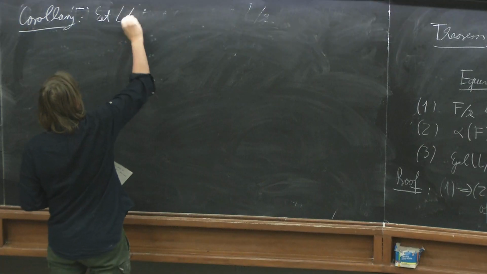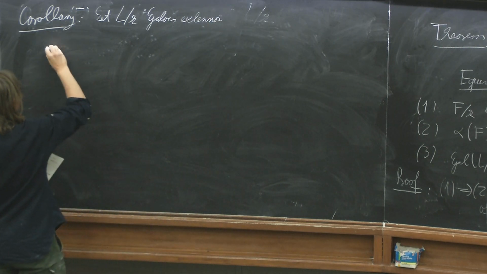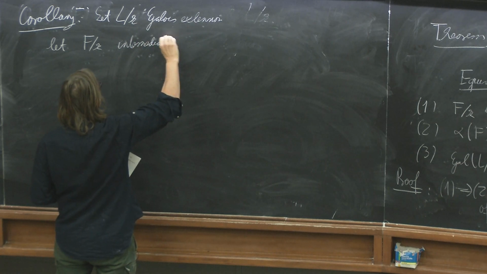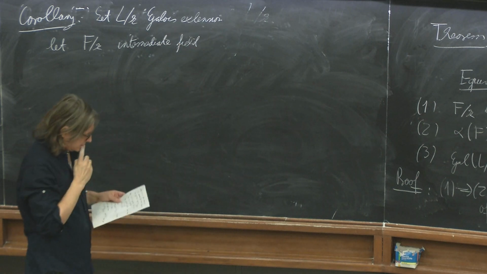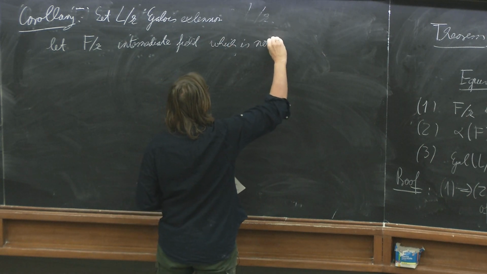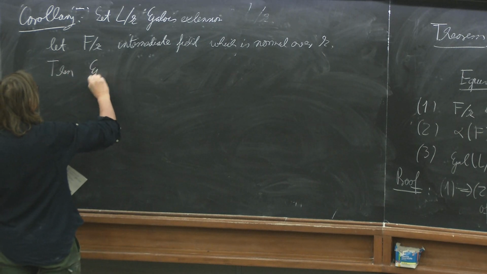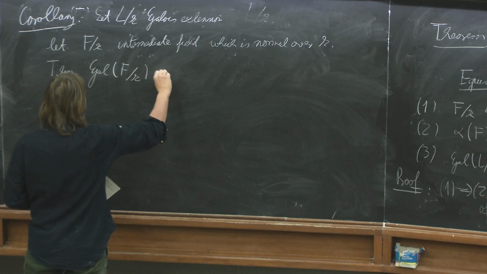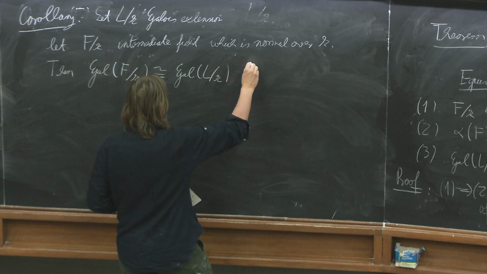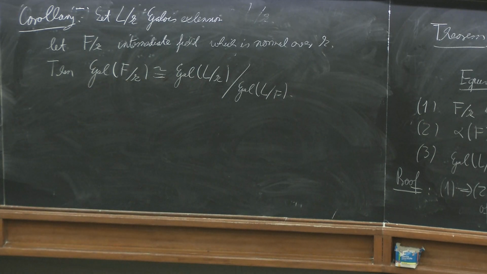Let L over K be a Galois extension, and let F over K be an intermediate field which is normal over K. Then the Galois group of F over K is isomorphic to the Galois group of L over K divided by the Galois group of L over F. Okay.